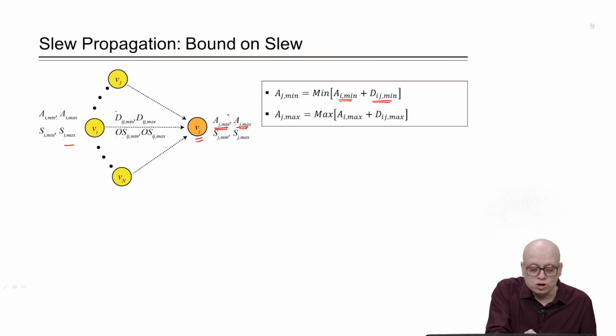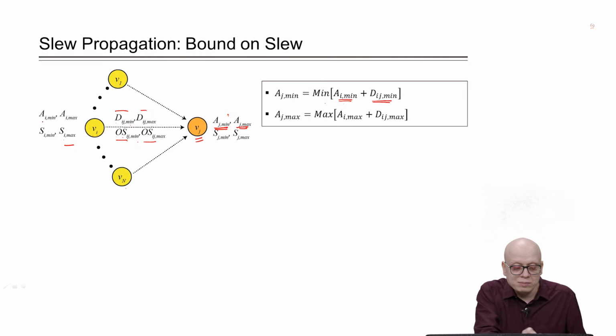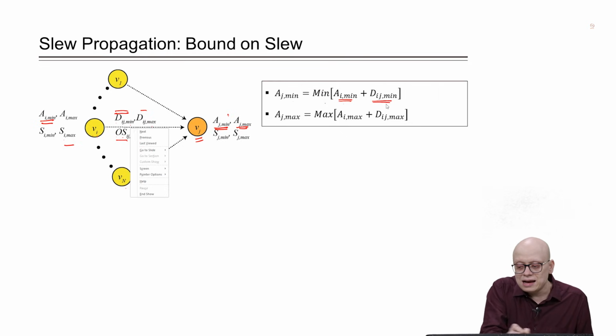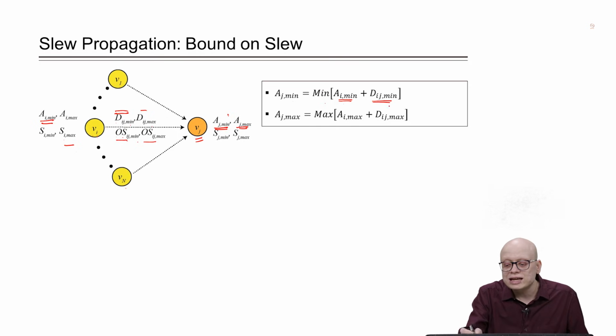Now, given that each edge has got two delay numbers and two output slew numbers, how do we derive the arrival time bounds? So, the arrival time bound is obtained by taking the minimum arrival time of a given vertex, adding it with the minimum delay, right, and out of all the incoming vertices like V1 to Vn, take the one which is showing the minimum value, that will give us the minimum bound on the arrival time.